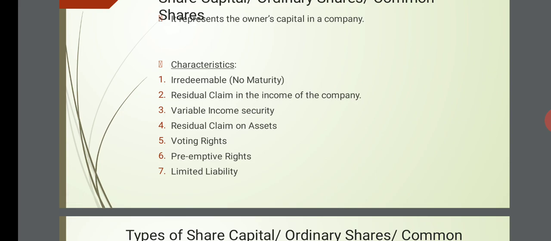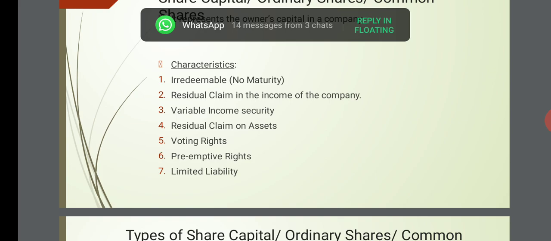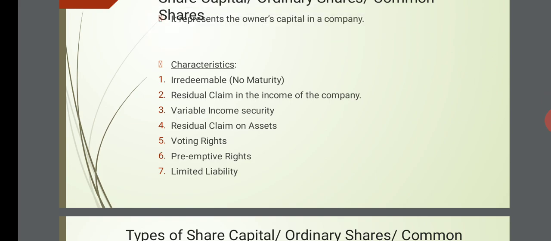Residual claim on assets. The first claim on assets of the firm is of creditors, then of preference shareholders, then of equity shareholders. So the last claim on assets is held by shareholders. Then voting rights, they do have voting rights.